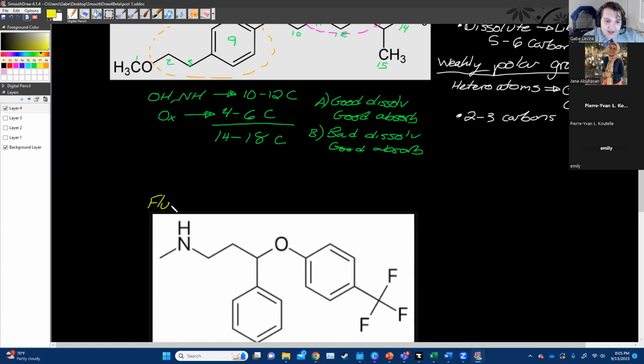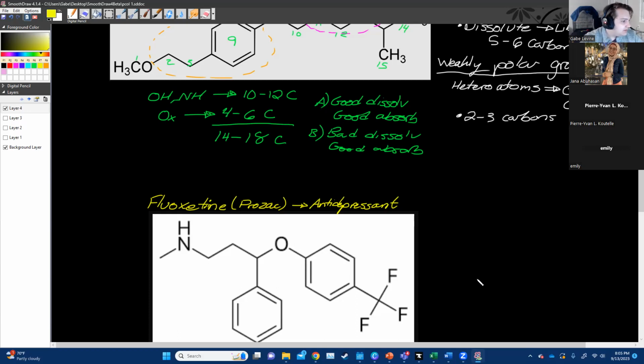Next drug we have to look at is fluoxetine. For people who don't know, this is Prozac, which is an antidepressant. And does anybody know where the site of action of fluoxetine would be?